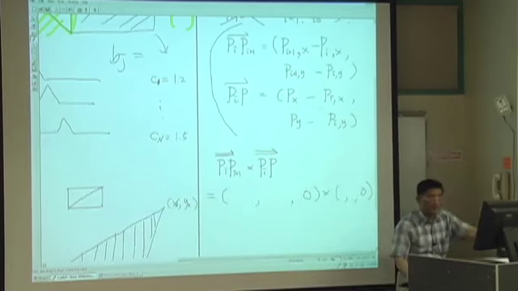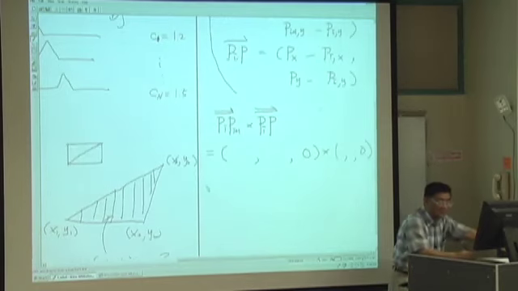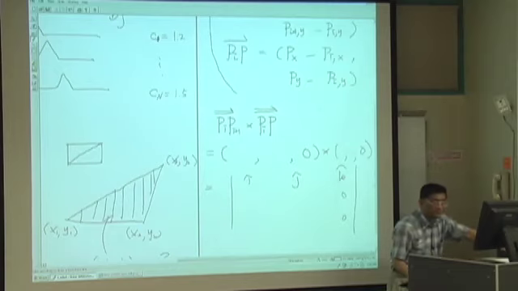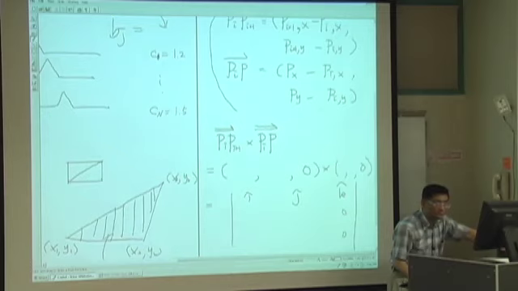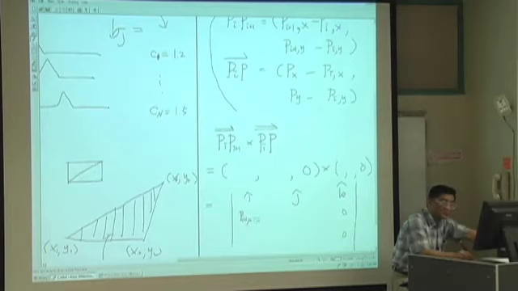Then, by the definition of this cross product, it is i hat, j hat, and then k hat, and then these things with 0, 0 here, right? Because 0, 0, and then this coordinate, and this is pi plus 1 x minus pix, right? And then this is px minus pix.